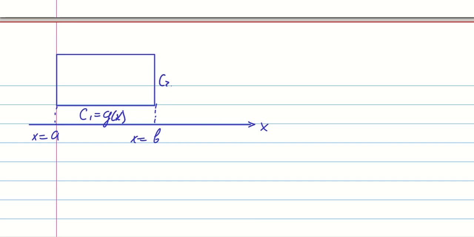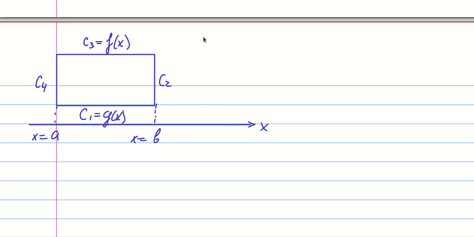Okay, so we have x, and we start at a and we go to b, and this is x equals a and this is x equals b. Then this C1 will be equal to some function g of x. This is C2, which is just a vertical line, and this is our C4, and our C3 will be on top, which is just some f of x.